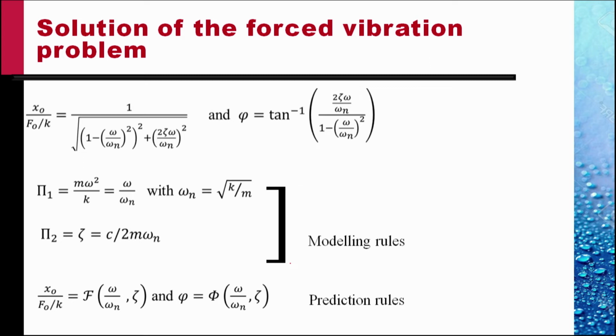We establish the modeling rules. The number of pi's would be fewer than the number of independent parameters, the dimensional parameters. So, it would be possible to match the pi's without matching all the values of the independent parameters.